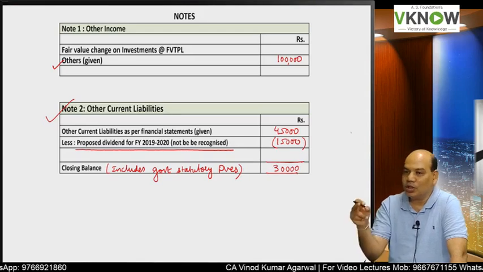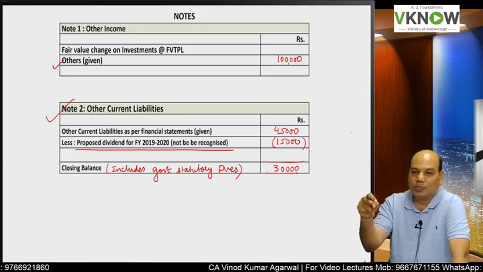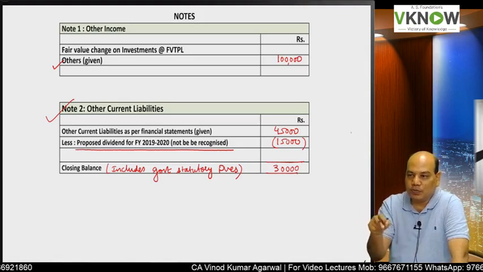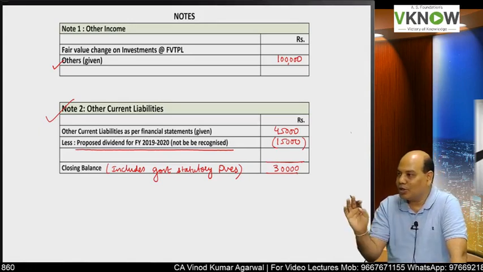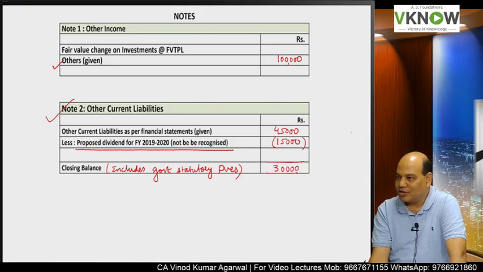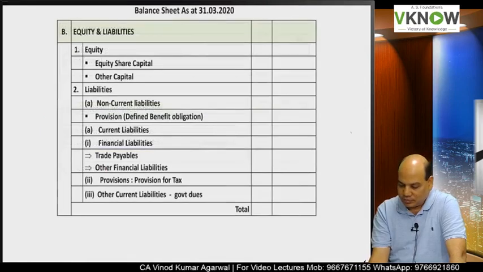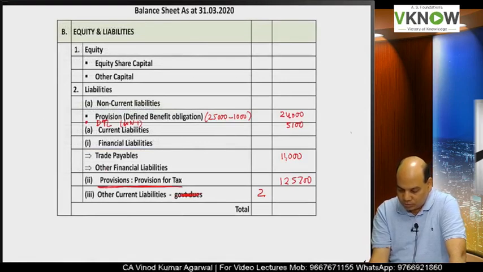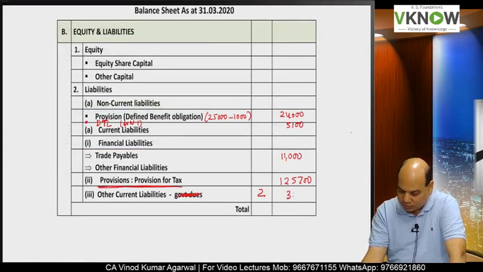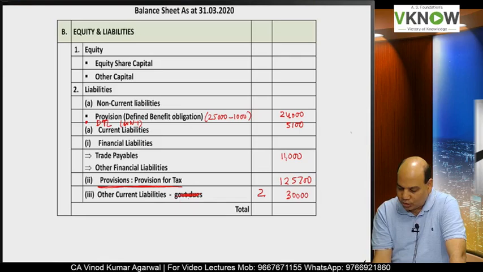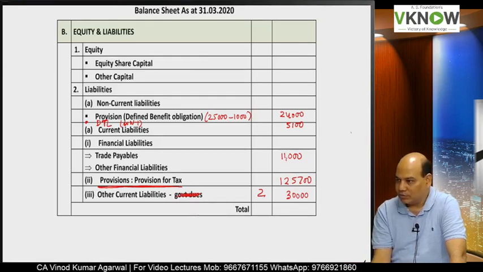So since I am going to take the profit figure from P&L account, which is before deducting dividend, there is no need to again adjust dividend. So you come to other current liability 30,000. If you want, you can divide this 30 into two lines. Government dues 15,000, other current liability 15,000.